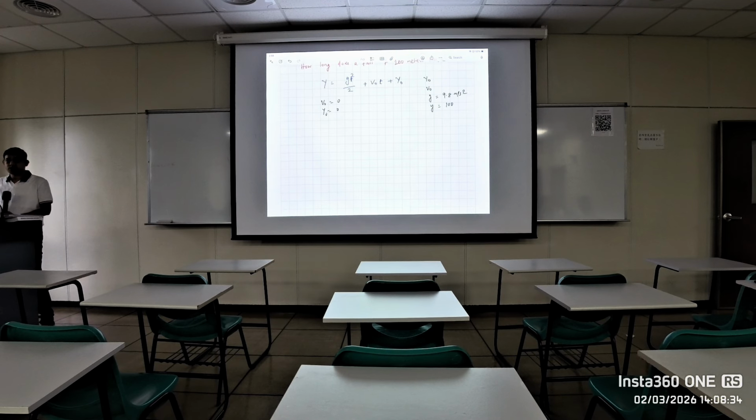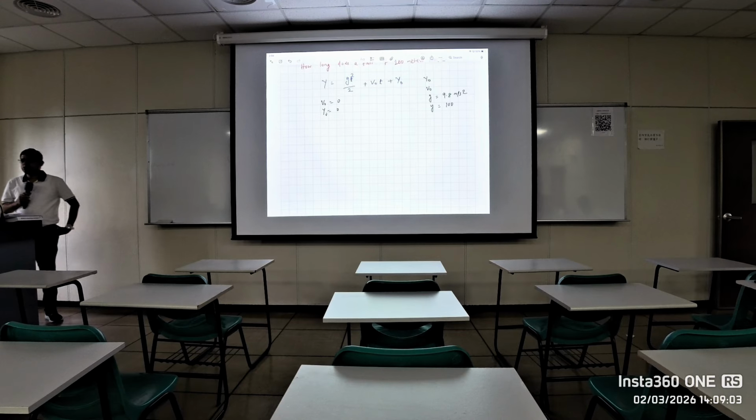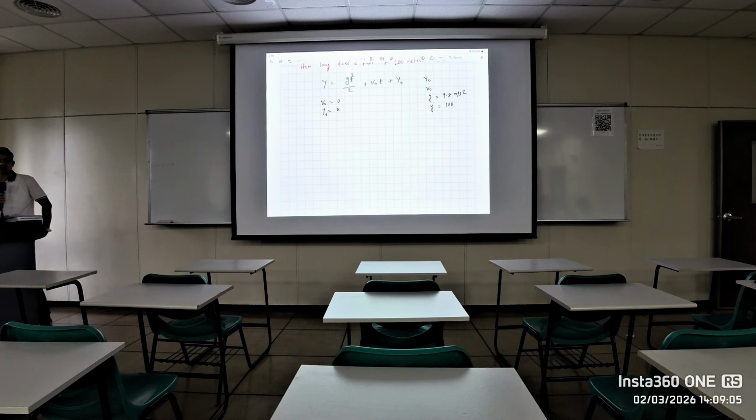If instead of 100 meter I ask how much time it takes to drop it from 200 meter or 300 meter or 400 meter, just by changing the value you can find the time. It is that simple. These are some physical problems, real life examples. In future classes you will see more different types of physical problems.